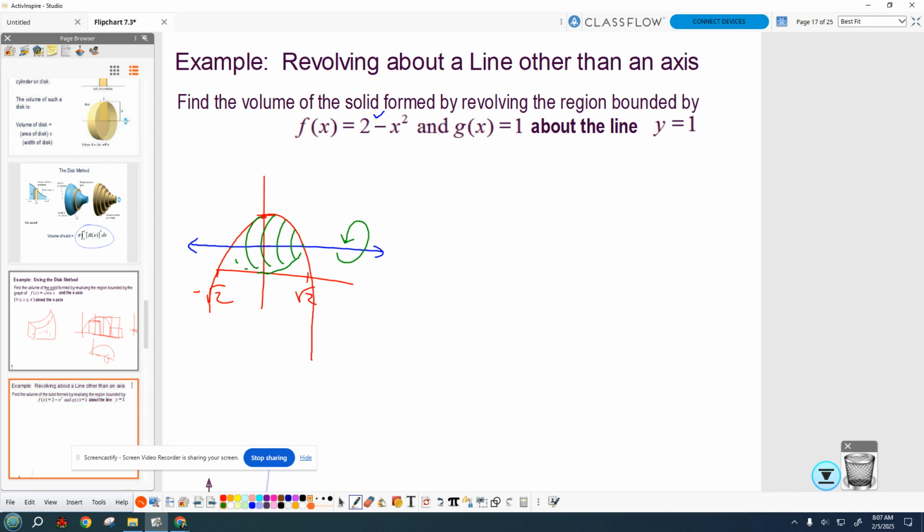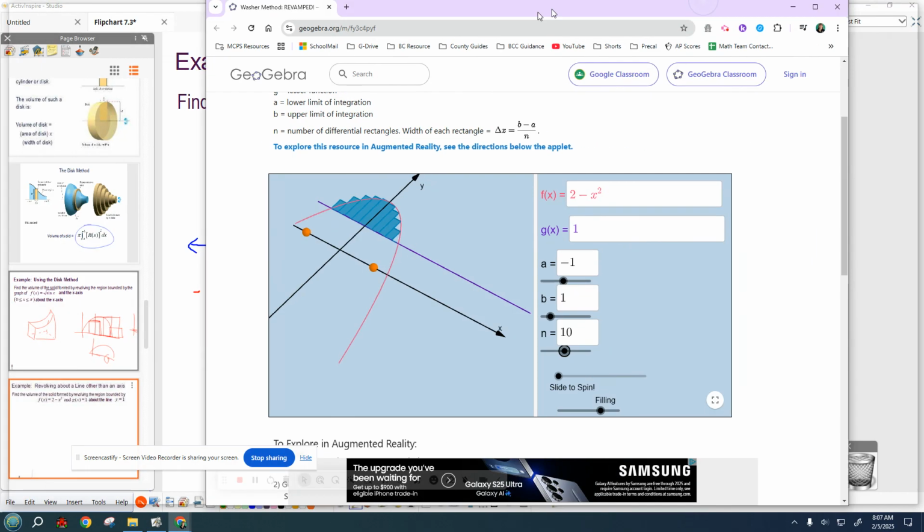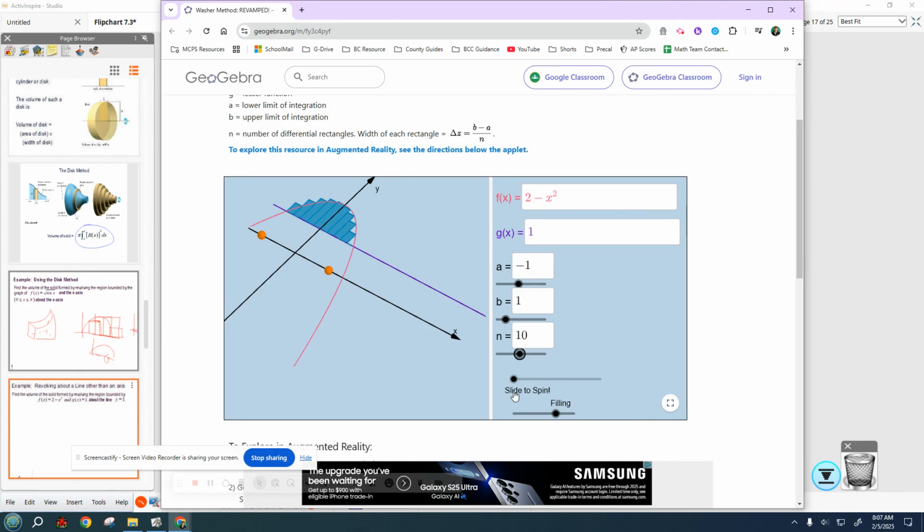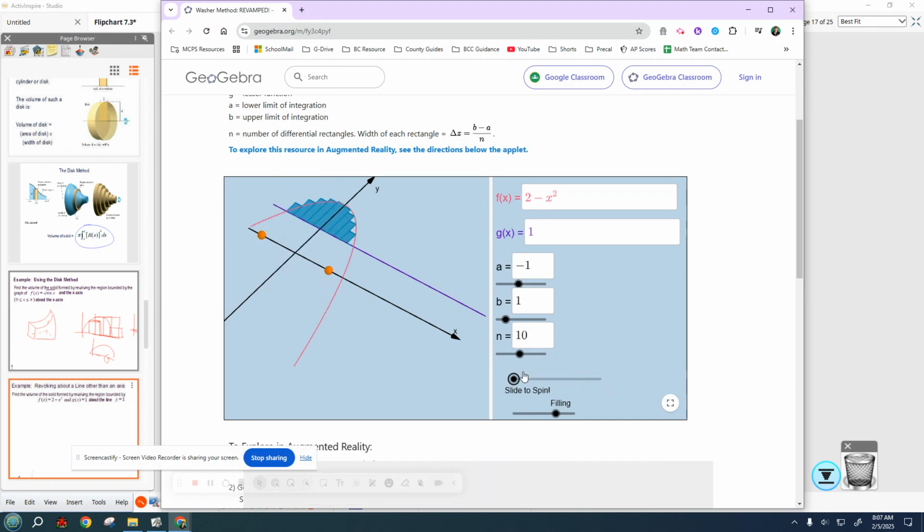So we're gonna get this rugby ball looking egg. So it looks kind of like this, and I'm spinning around the x-axis.